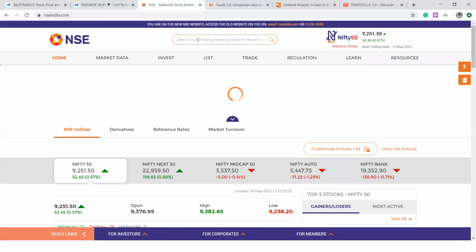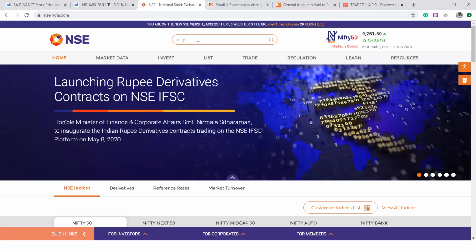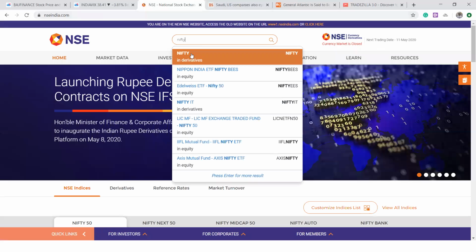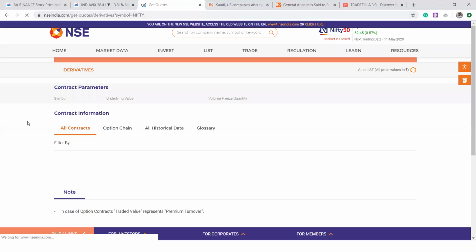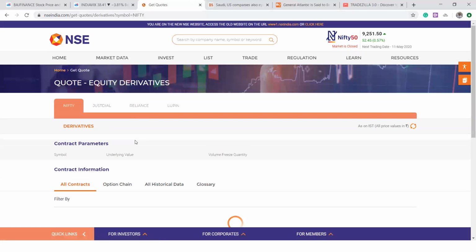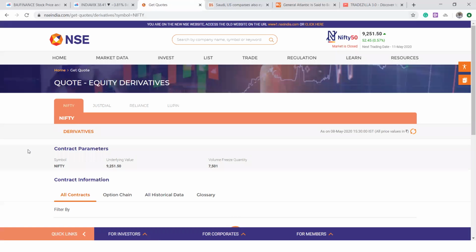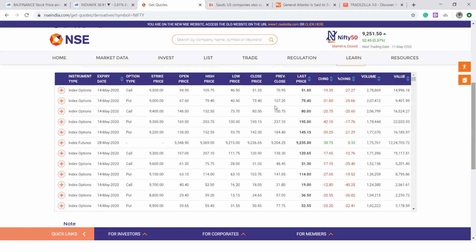In the NSE India portal, you can simply type Nifty derivatives. You can just go back and check the futures open interest. This page loads a little bit slower because it has a lot of data points.